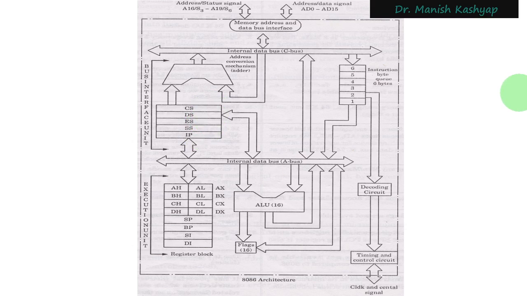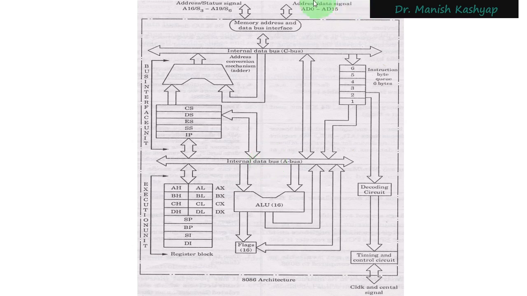Right. So one more piece of information: the externally interfaced memory in this case is 1 megabyte, 1 MB. How is that possible? Because this microprocessor is a 16-bit microprocessor, the data bus automatically has to be of 16 bits, right? And the address bus of this microprocessor is of 20 bits.